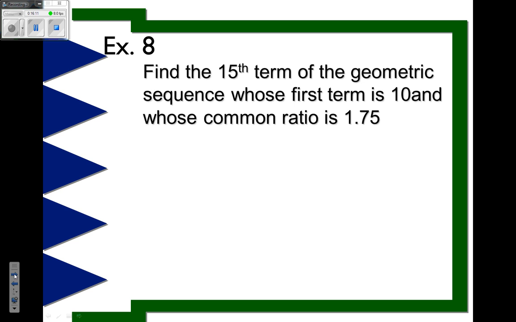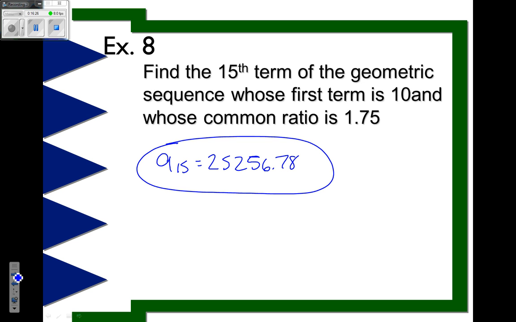What do I get for this one? 3,000. Wait, no. 3,800. Example 8. 25,265. I got 39. What am I on? We're on number 8. No, I got 2,260. What did I do wrong? Oh, I put number 7 on number 8. What'd you get? I got 2,212.